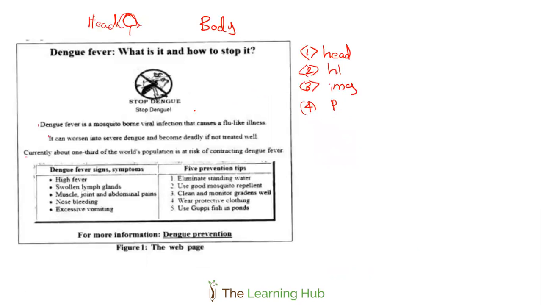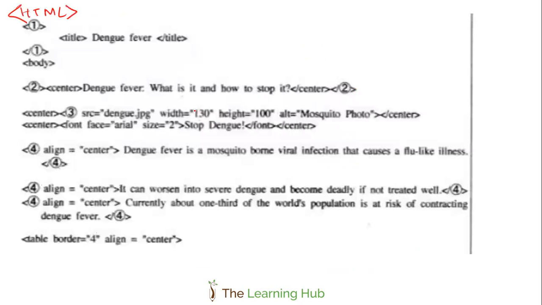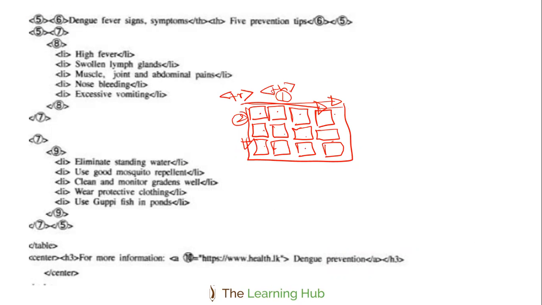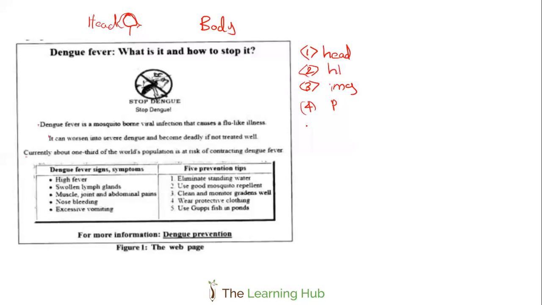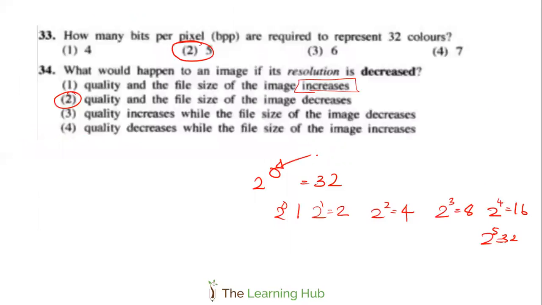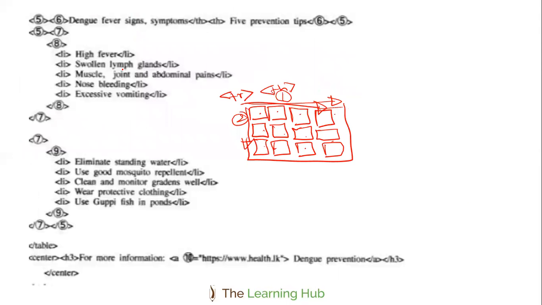Here number 4 was TR, so number 5 is TR, number 6 is TH, and number 7, okay, so we've opened a new something here.